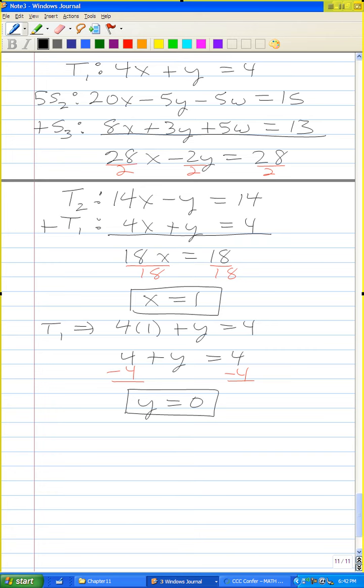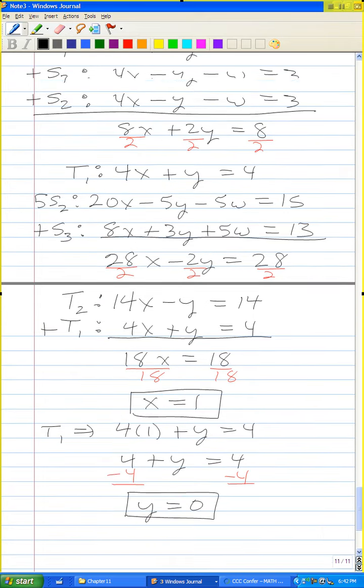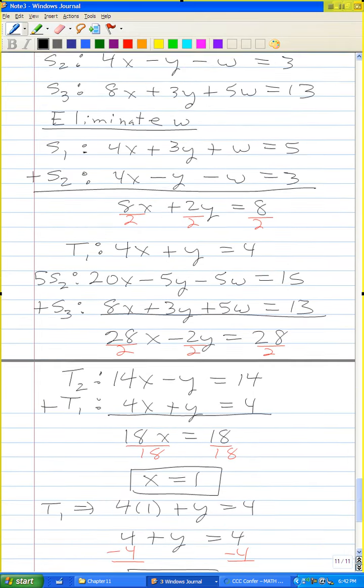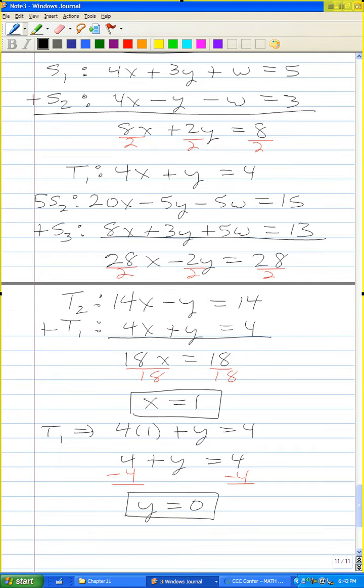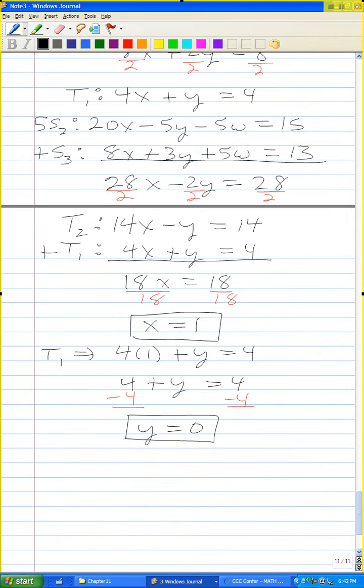And lastly, so I have x, y. Let's figure out w, I guess. So let's use S1 to figure out w.